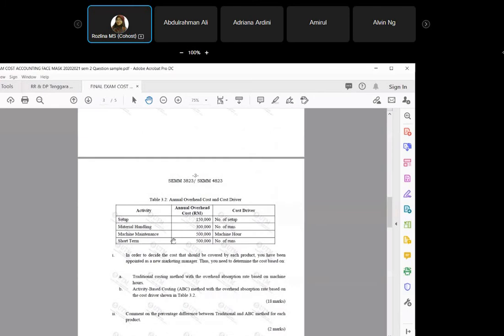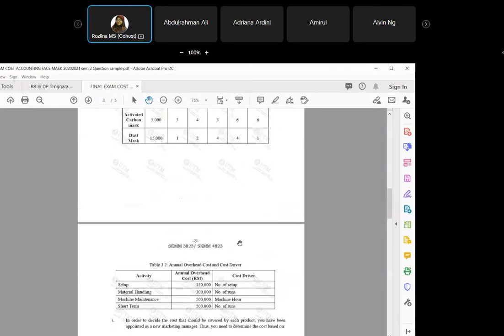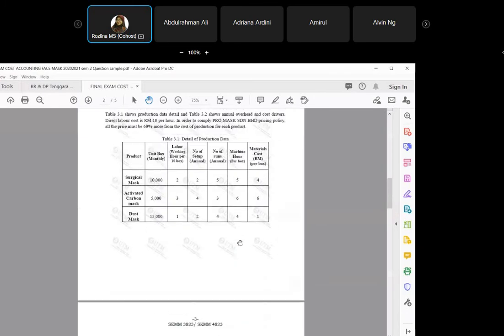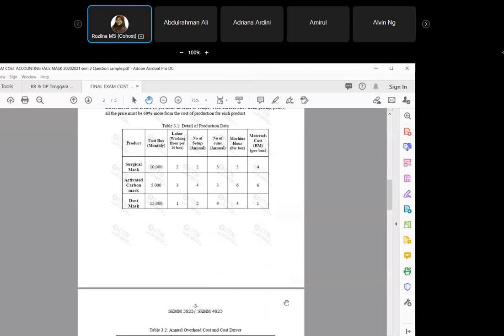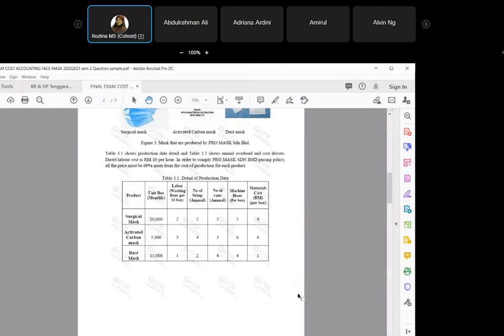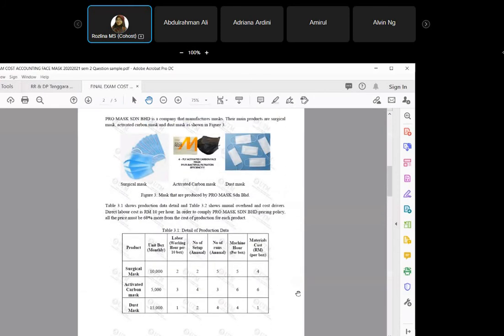This is the overhead punya value. So I just put in the dekat sini. If you want to look at dia punya nilai overhead, you have to open from the e-learning lah. Okay, I give you the time to calculate the traditional method and then go to the ABC.